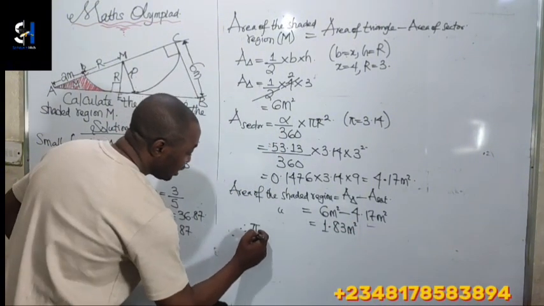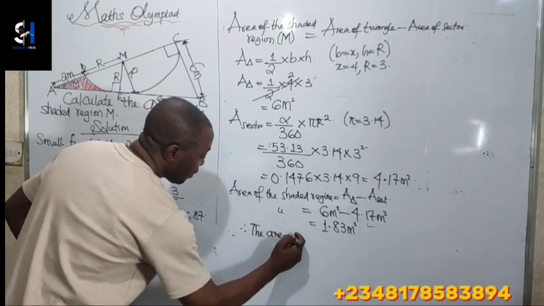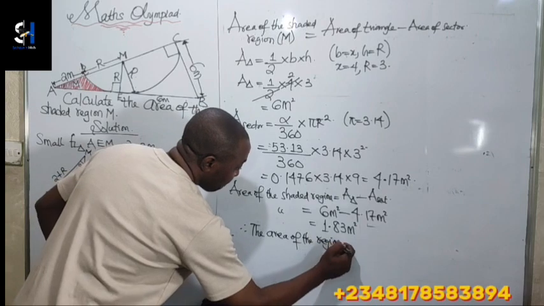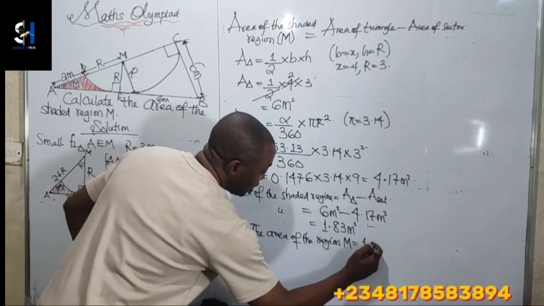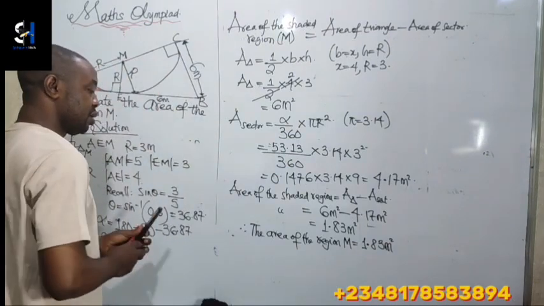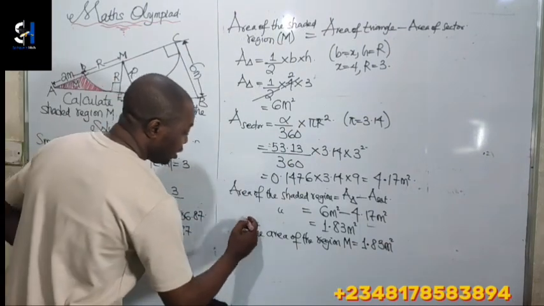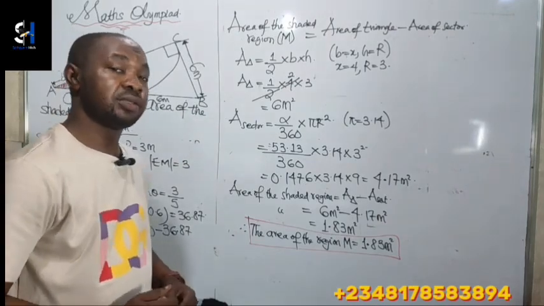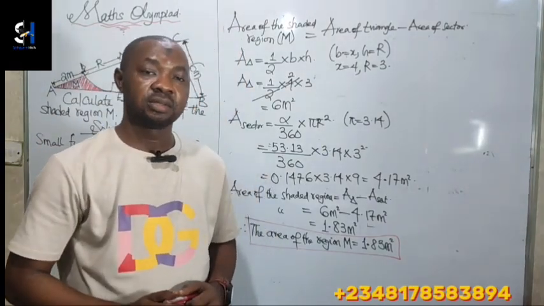Therefore, the area of the region M is 1.83 square meters.